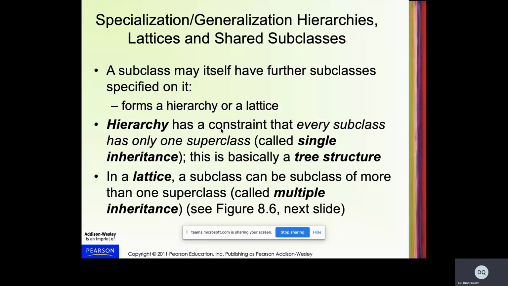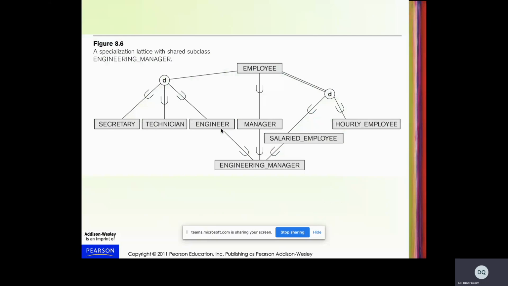There is another structure, which is a lattice structure. In a lattice structure, a subclass may have more than one superclass. That would become multiple inheritance. In this case, we have an engineering manager, which comes from salaried employee, from engineer, and also from manager.